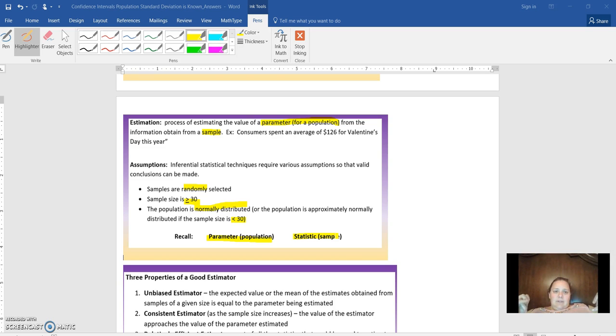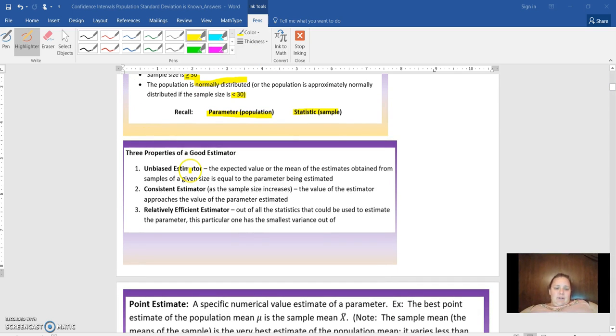So if we asked 1,000 people, I know I said 100 before, what they spent on Valentine's Day, and they said 126, then we would say that's the statistic of the sample, and then the parameter of the population would also be 126.